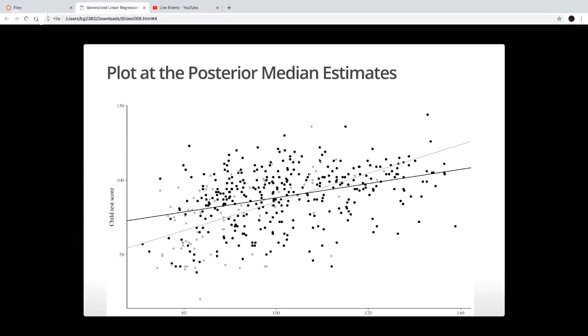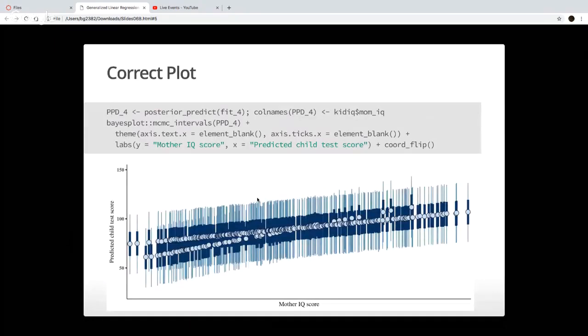But a plot like this, which is sort of a plot that you would make if you had just frequentist point estimates, isn't really capturing the uncertainty or reflecting it in the model that well. All you can sort of say is, well, the points are not that clustered on their respective lines. So in my opinion, a better way to plot something like this can be done with the bayesplot package, which we'll be talking about more, by taking the output of the posterior_predict function.